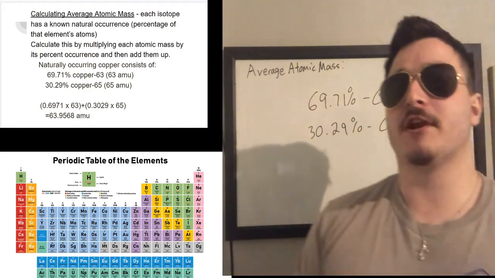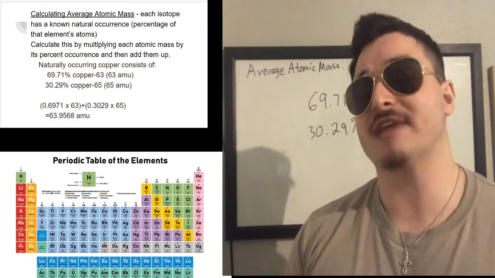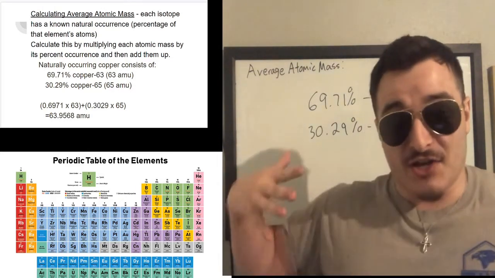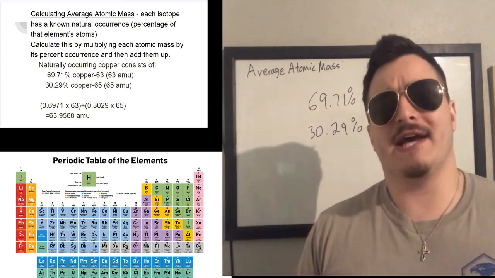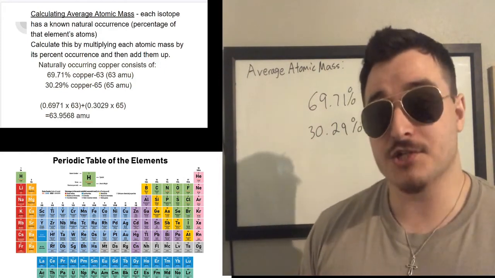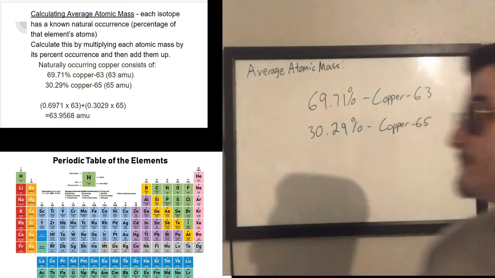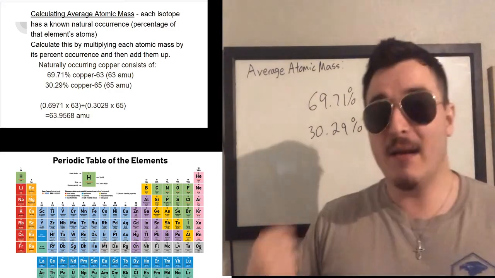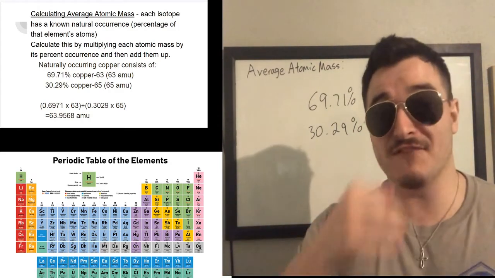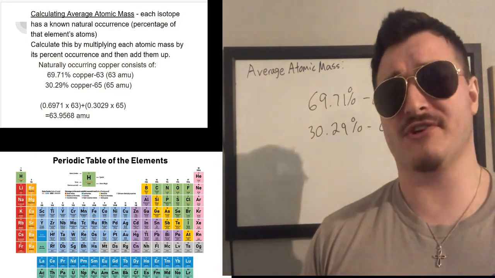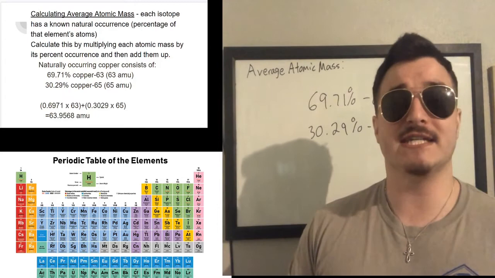A couple of things to consider before you're even solving this out is, what is my answer range going to be? A lot of kids know how to do all the steps and then don't realize when they've got a very obviously wrong answer. This is an average, which means your answer must fall in between your lowest and your highest value. If I get a number that is not between 63 and 65, even if it's 62.99999 or 65.000001, I very obviously did something wrong.